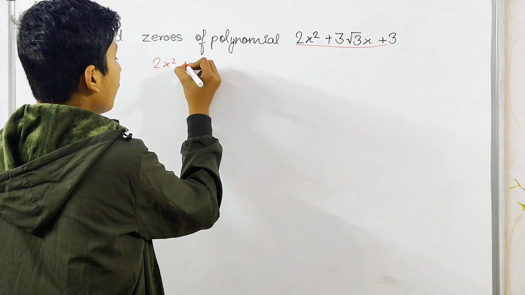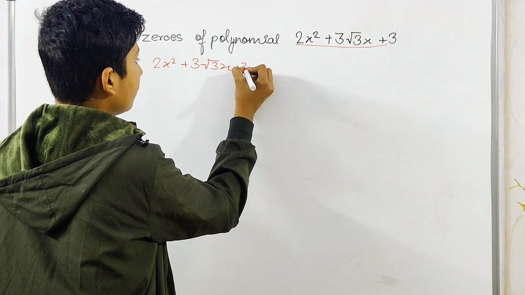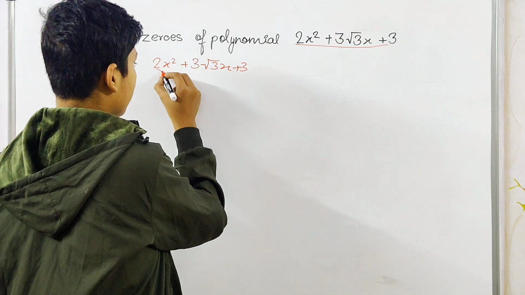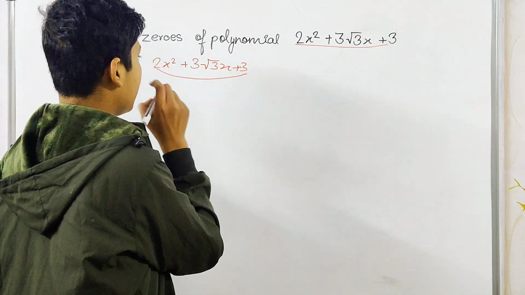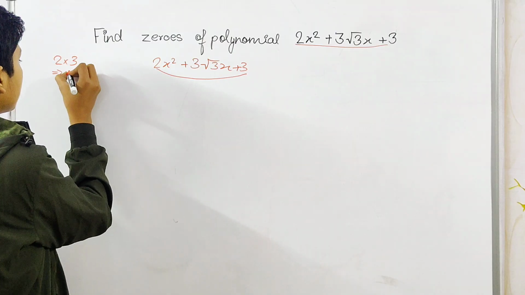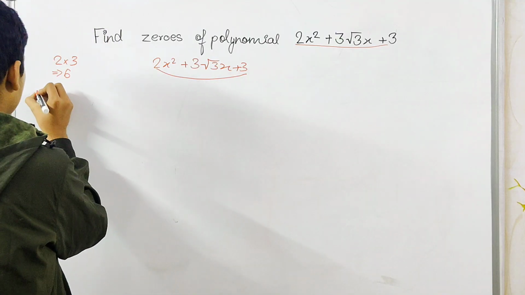2x square plus 3 root 3x plus 3. Now see, how do we middle term split? Firstly multiply these. 2 into 3, which is 6, and 3 root 3.